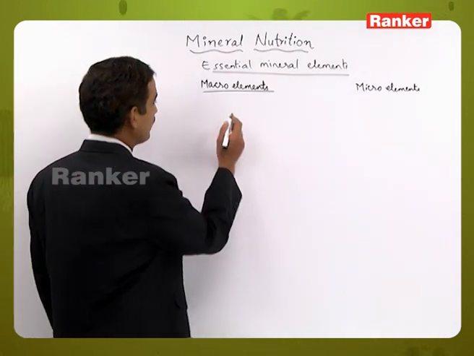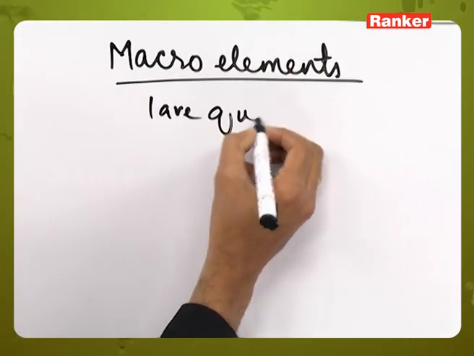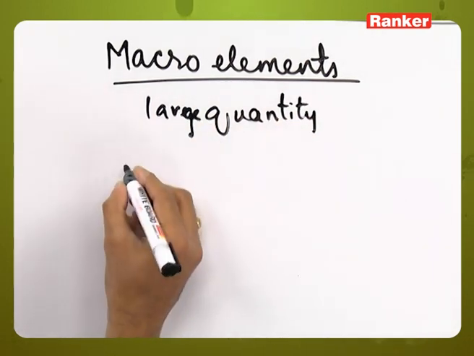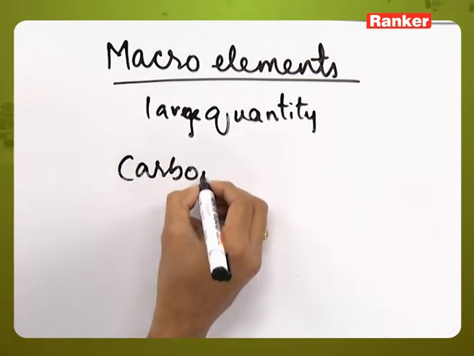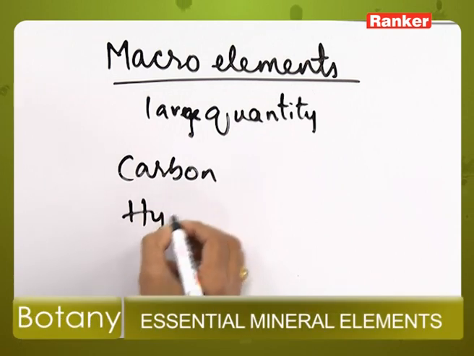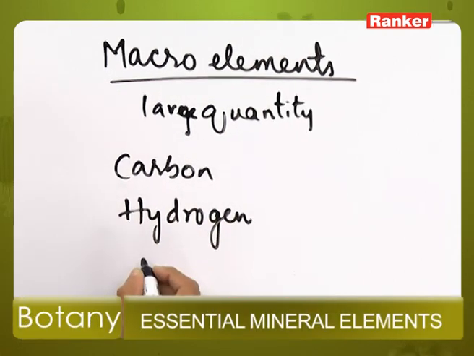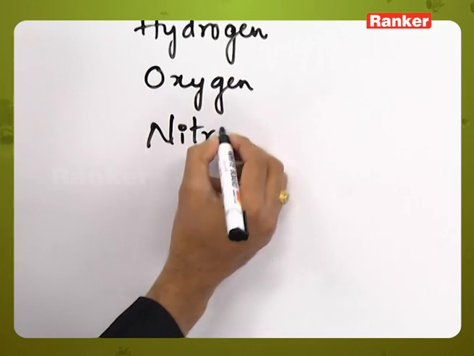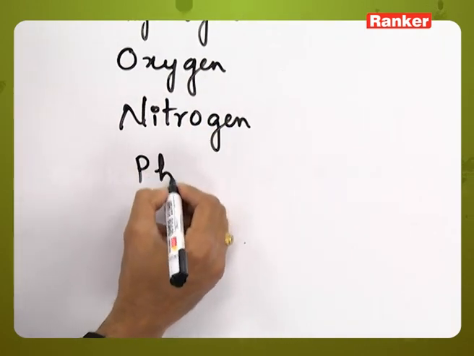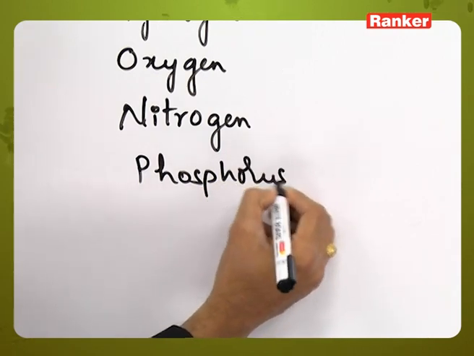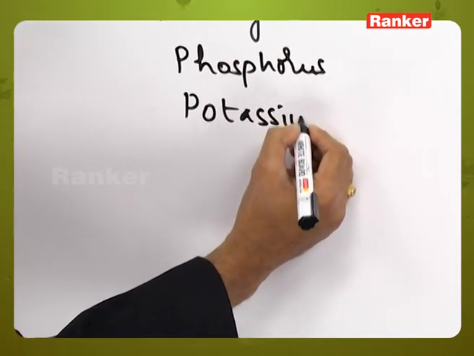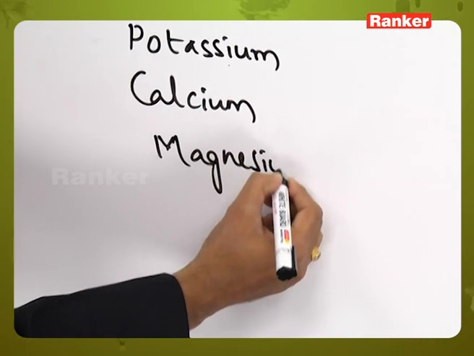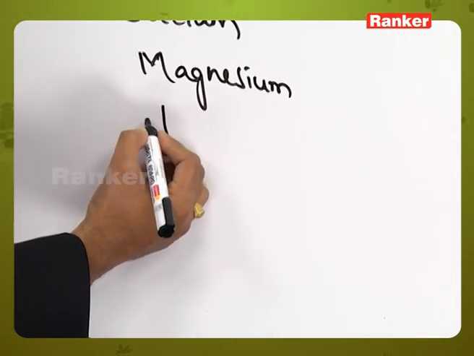Here, the elements required in larger quantity are carbon, hydrogen, oxygen, nitrogen, phosphorus, potassium, calcium, magnesium and sulfur.